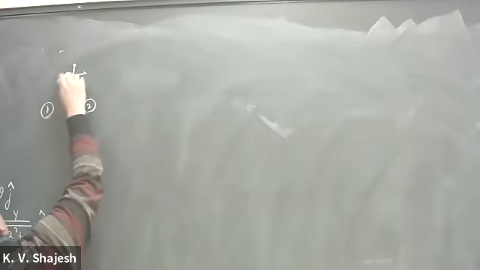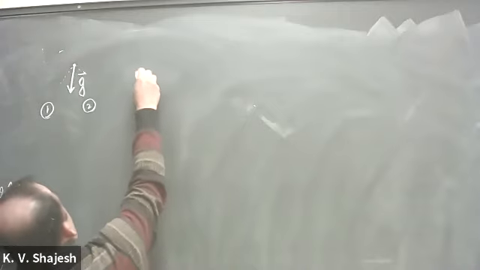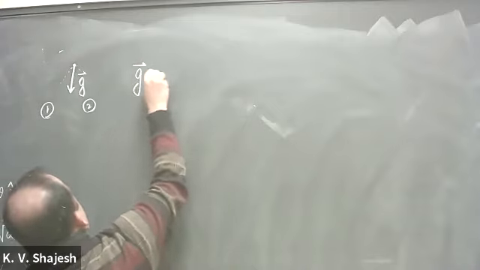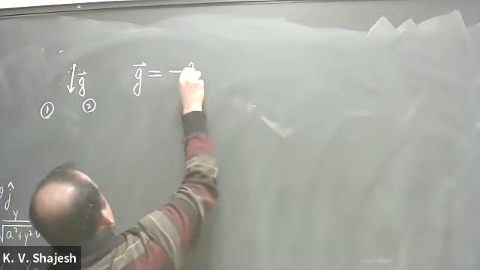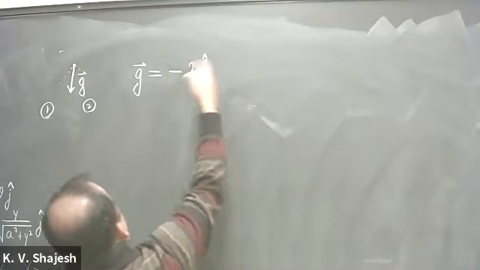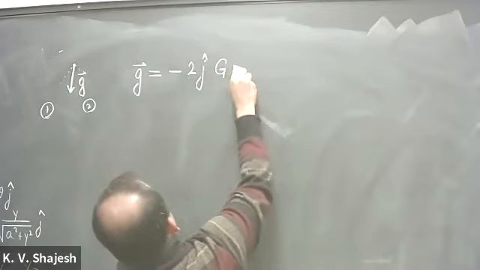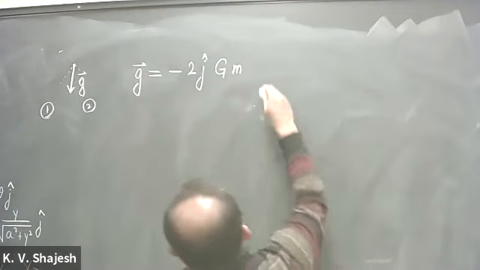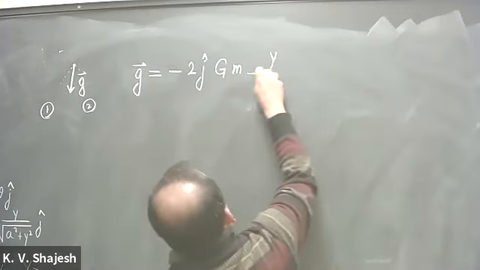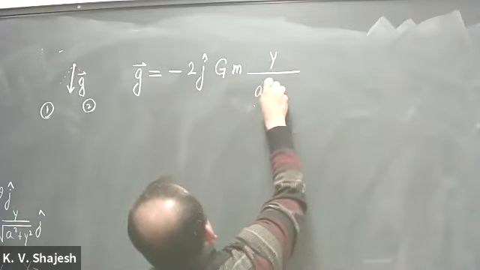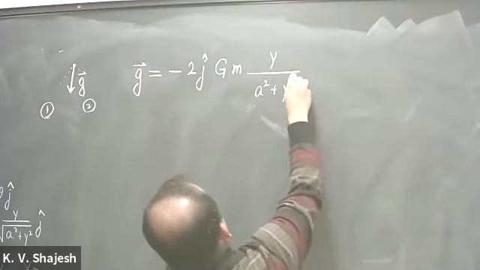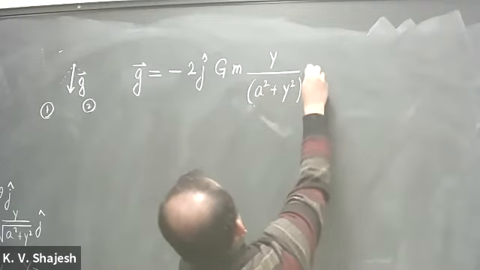That is G1, G2, but all that effectively is giving you a gravitational field acting downwards along the y-axis, and that's equal to minus 2 j hat. 2 can be written that way also. So that's G times, I said m1 is equal to m2, so that's G times m, and then there is y over a squared plus y squared raised to 3 by 2.